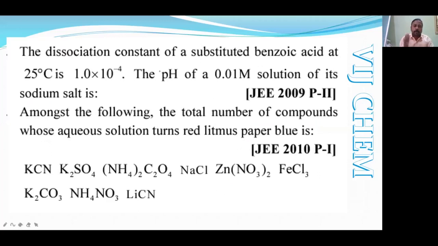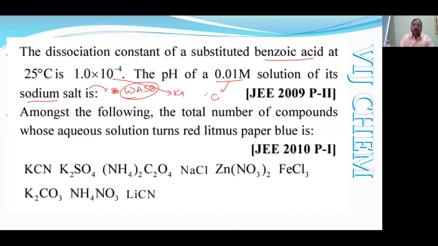The dissociation constant of a substituted benzoic acid at 25 degrees is given, and we need the pH of the sodium salt solution. Benzoic acid is a weak acid, so the sodium salt will be a salt of a weak acid and a strong base. In that, this is given as C and this is Ka.